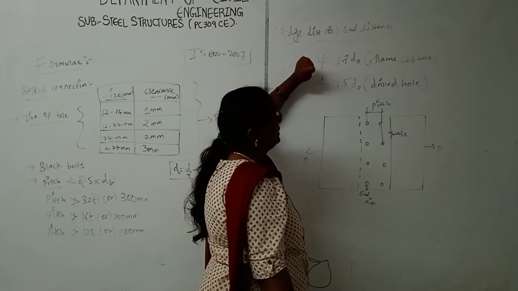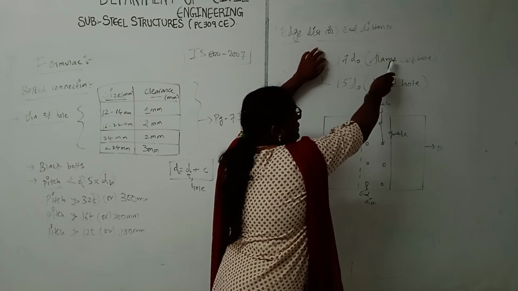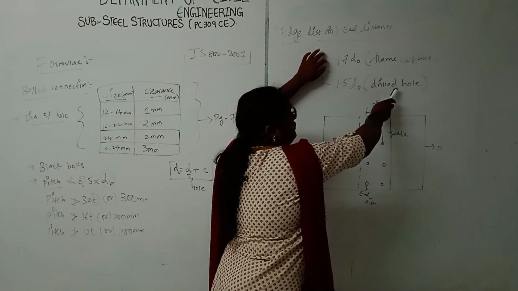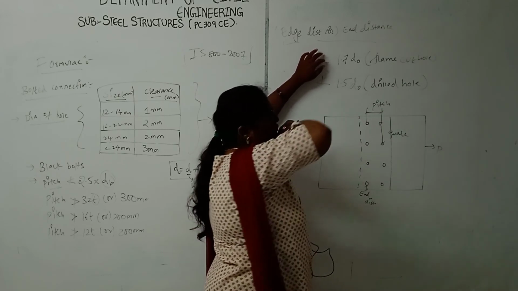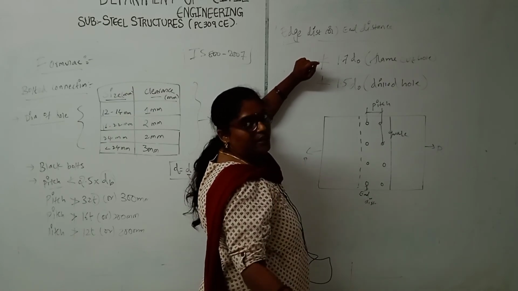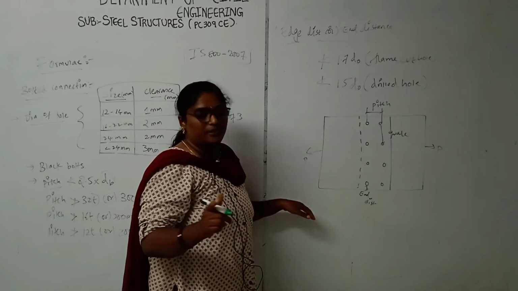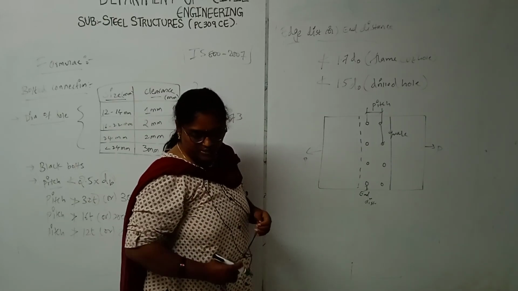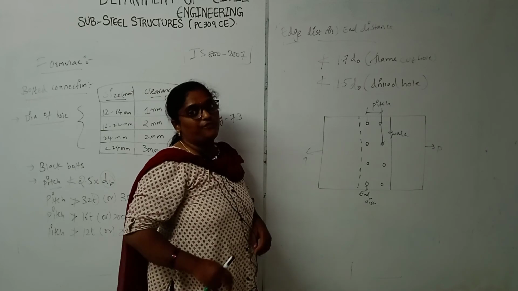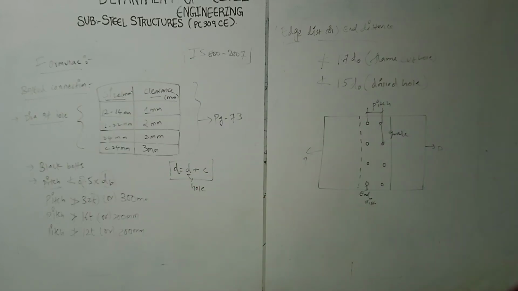Next one is 1.5 into D naught. Here you will be having one is a flame cut, and the machine one, drilled one will be a manual one. Next we will study about your strength of bolts and what is the procedure for solving your bolted connection problems.